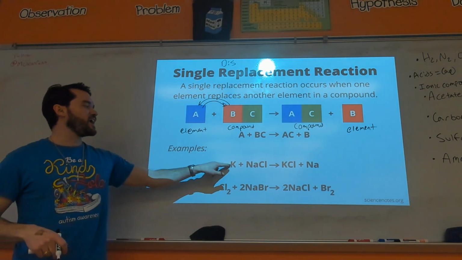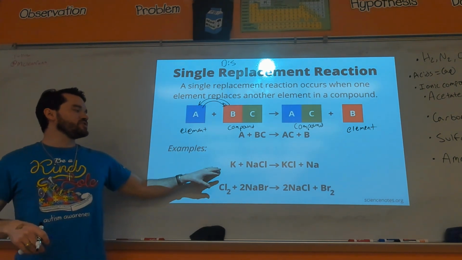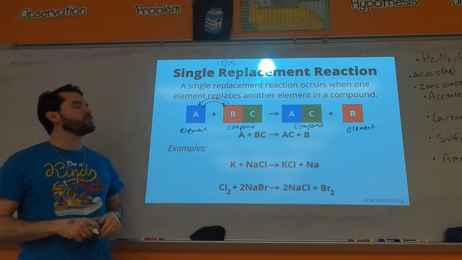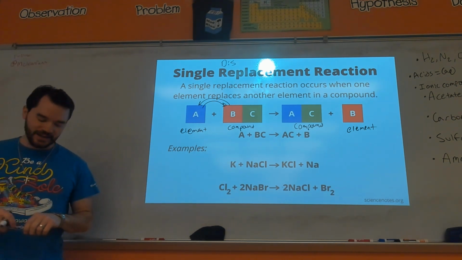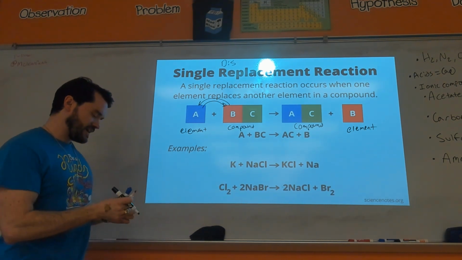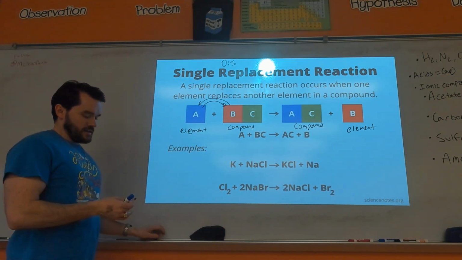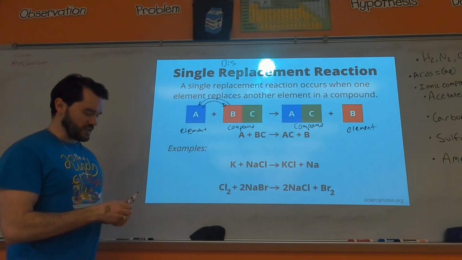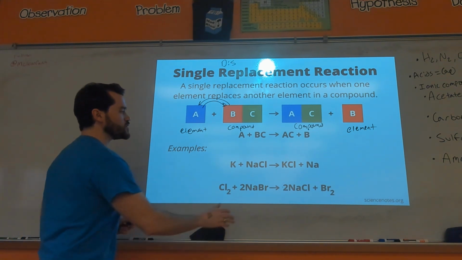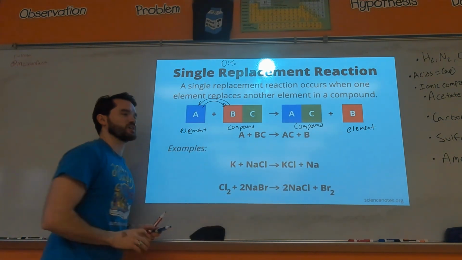Okay. If we look here, two examples. You got potassium plus sodium chloride gives you KCl plus Na. Well, let me ask you this. Let's say you didn't see these products. Those products were covered up.